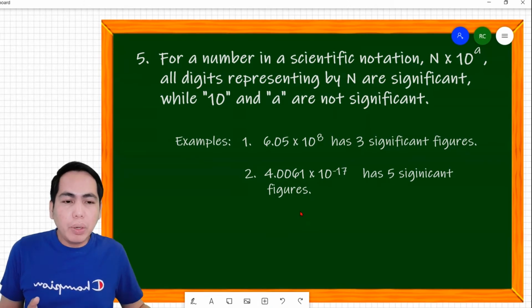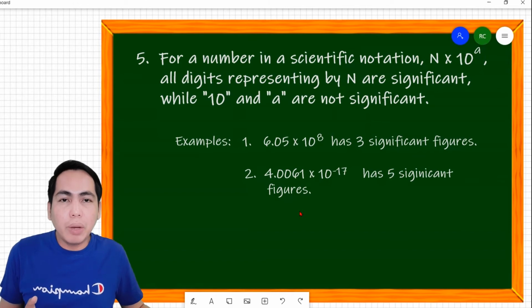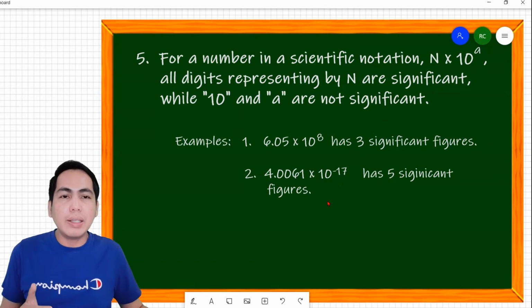Number 2 example, we have here 4.0061 times 10 raised to the power of negative 17 has 5 significant figures, and these significant digits are 4, 0, 0, 6, and 1, while the 10 and the negative 17 are not significant.